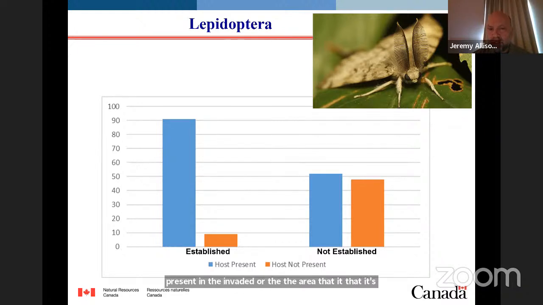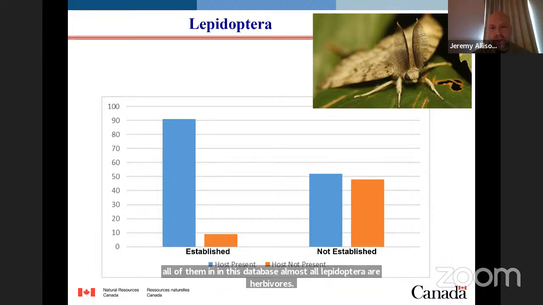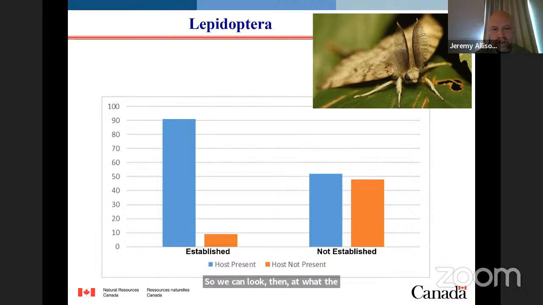We chose Lepidoptera because they have a fairly undiversified ecology. Almost all Lepidoptera in this database are herbivores, so we can look at what the hosts are in the native range, and then see if either that species or a congener or a closely related species is present in Canada.